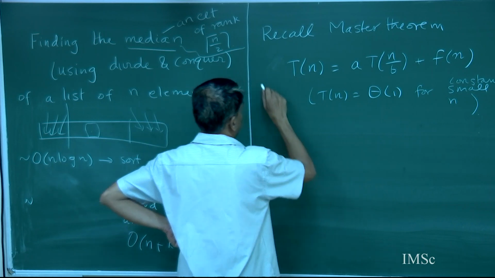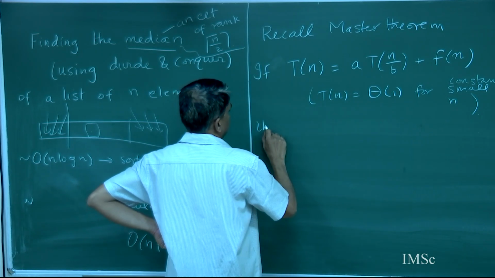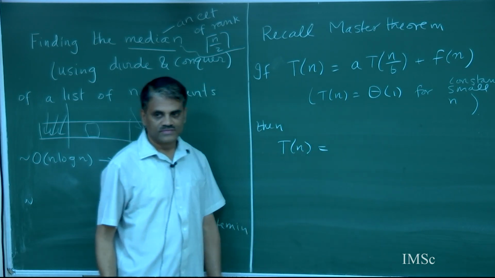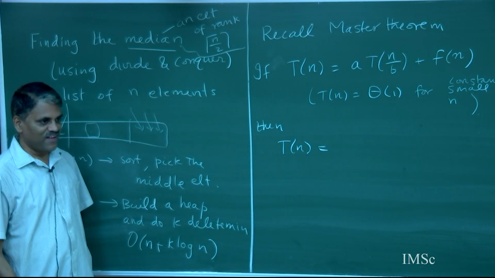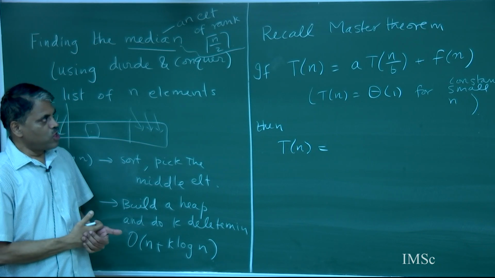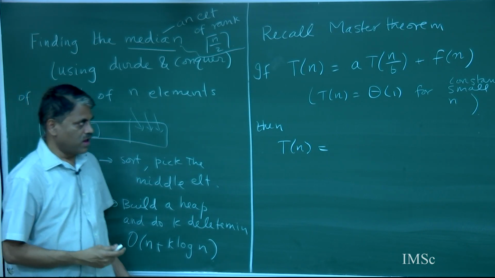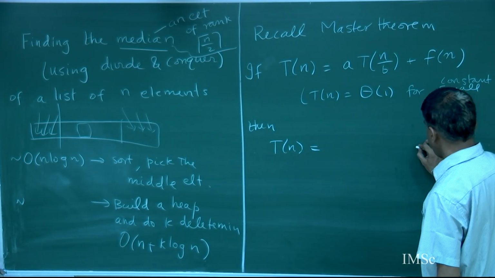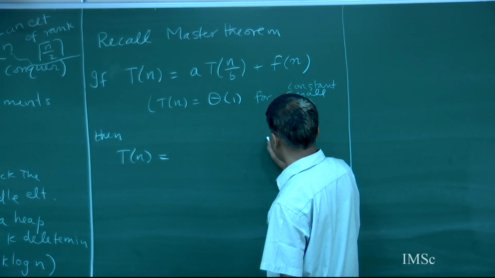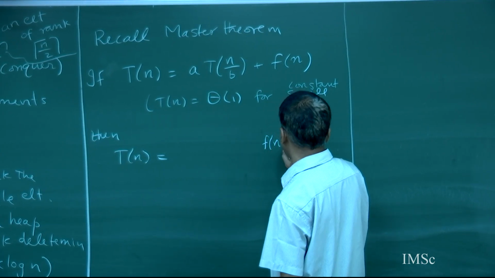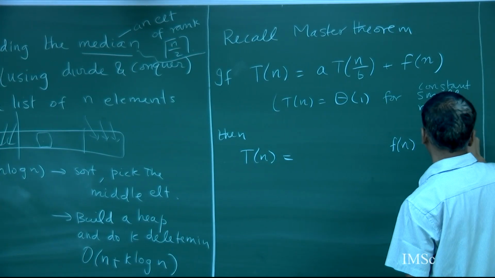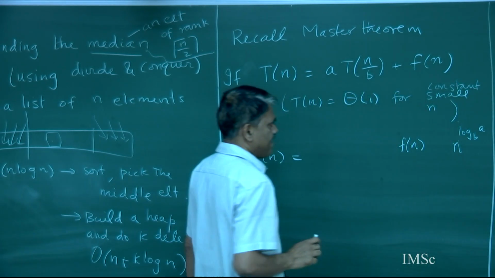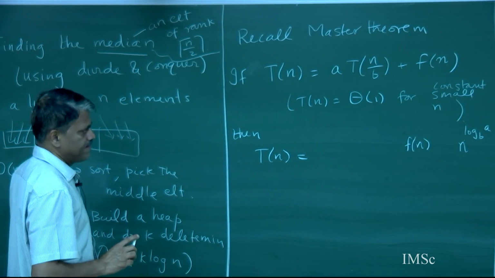Then the theorem says T of n, we will compare n to the power f of n and n to the power log a to the base b, right?